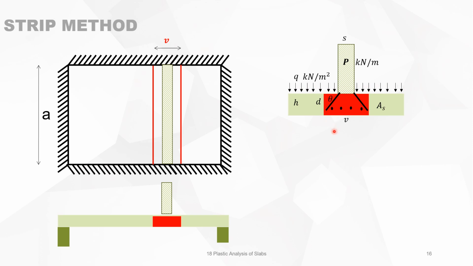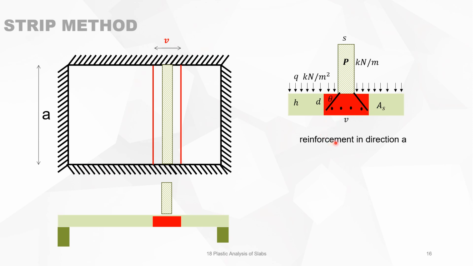And then the width v, you can take 1 meter, or you can calculate this needed width, which is better. You take the distribution of the line load at an angle theta up till the tension reinforcement. It means up till level d, the effective depth of the slab.